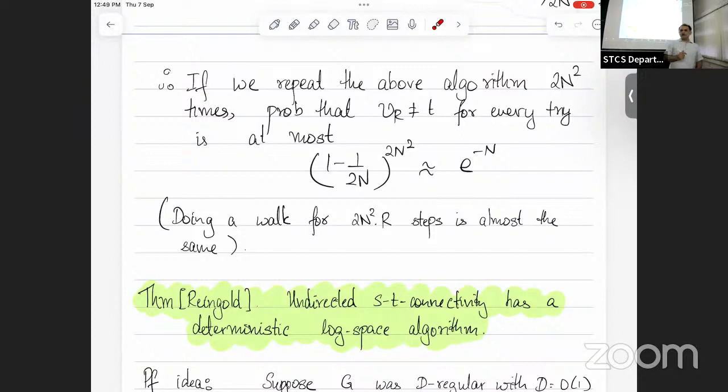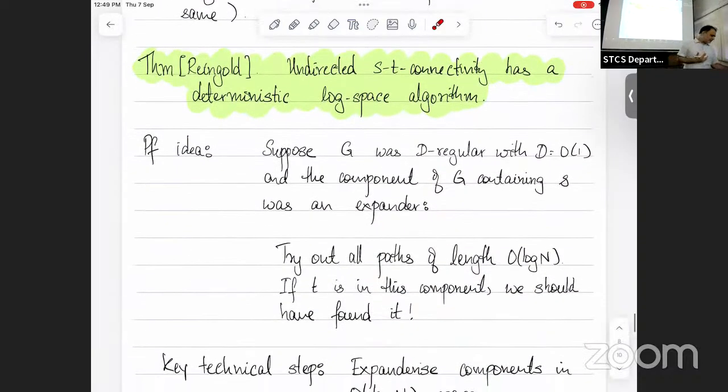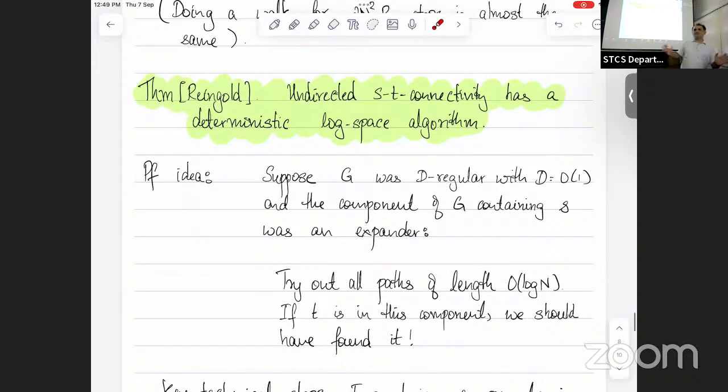So I'm going to give you just a rough roadmap of how Reingold's algorithm works, and to give a sense of how this derandomization happens. It's a very beautiful idea. So the key idea was the following dream scenario. You start off by assuming that your graph is D-regular, firstly. That is usually easy.